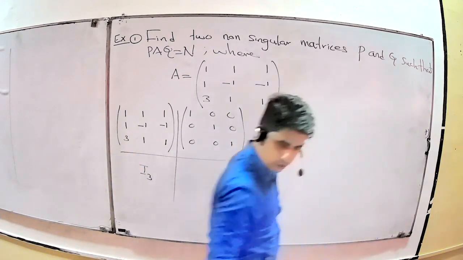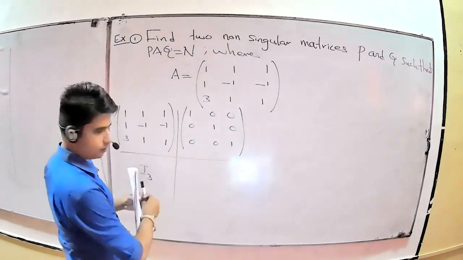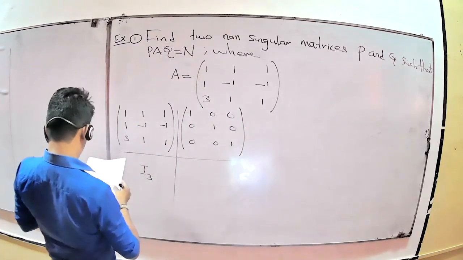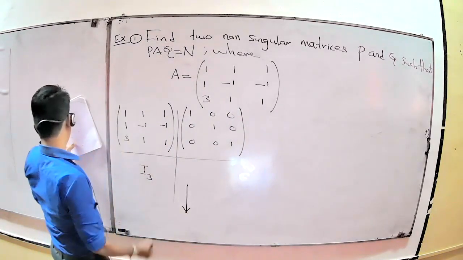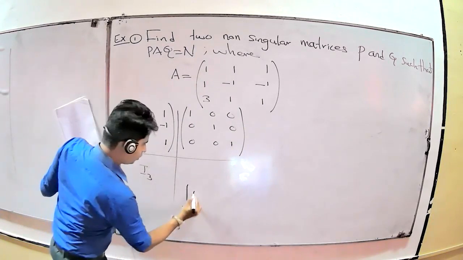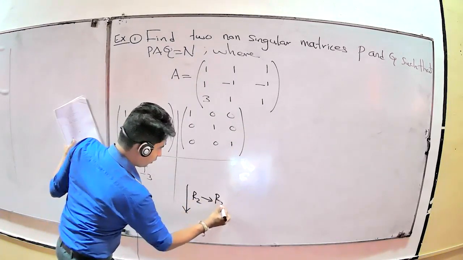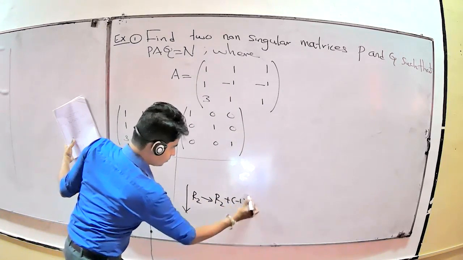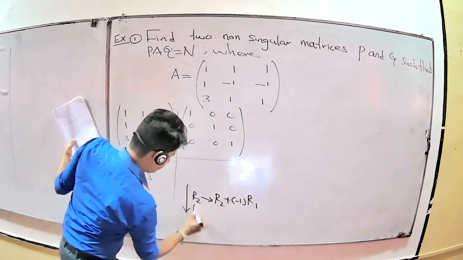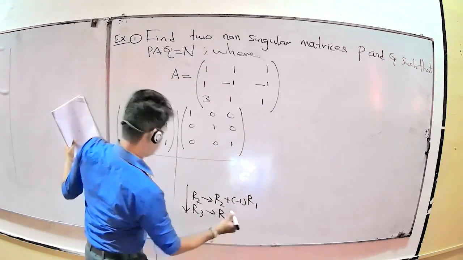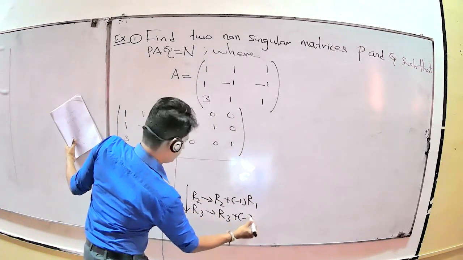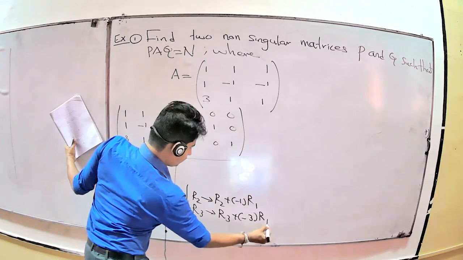Now you will start. First row operation: R2 replaced by R2 plus minus 1 times R1. Similarly, R3 replaced by R3 plus minus 3 times R1.